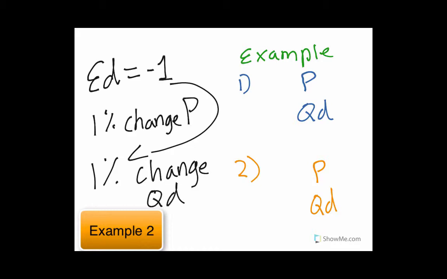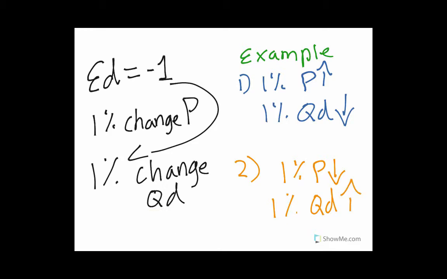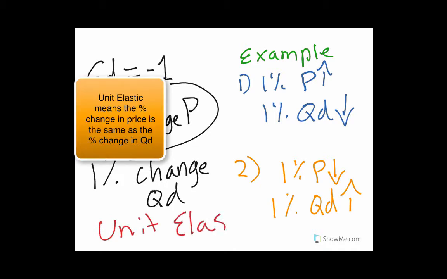So if there is a 1% price change, say it's going up, there will be a 1% decrease in quantity demanded. Again, it's sort of an inverse operation, so what if there's a 1% decrease in price? There's also going to be a 1% increase in quantity demanded. This is unit elastic.